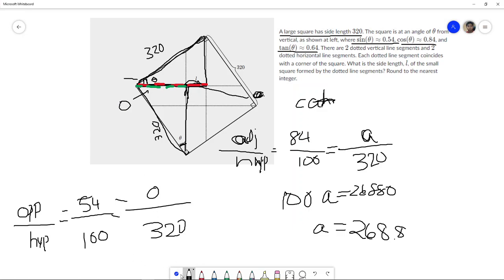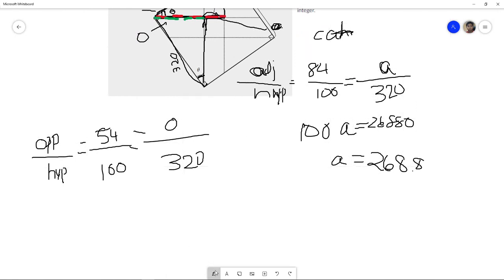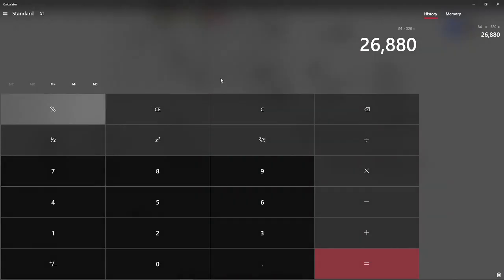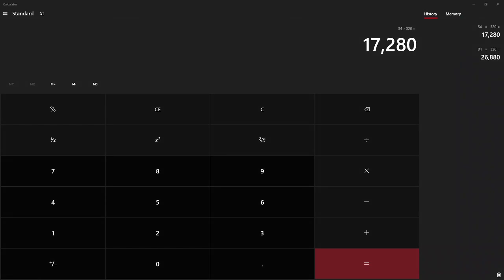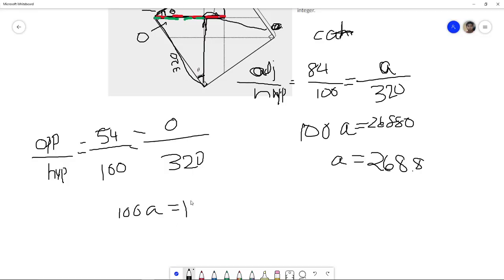Now if we do cross multiplication, 100 O equals, let's get our calculator out, 54 times 320, which is 17,280. And once we divide by 100, we get 172.8.